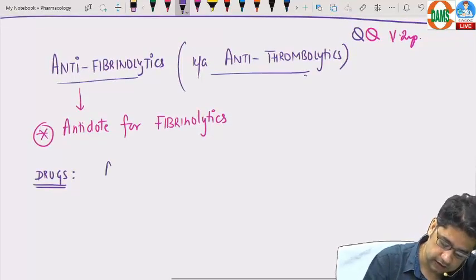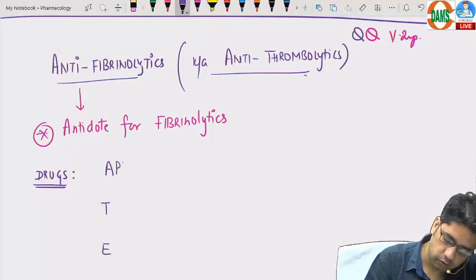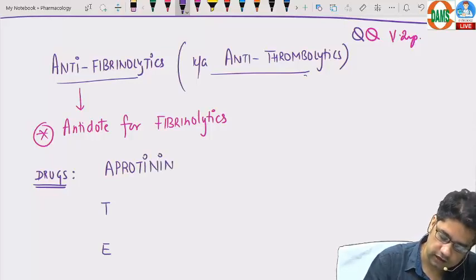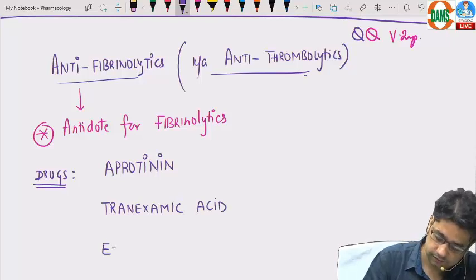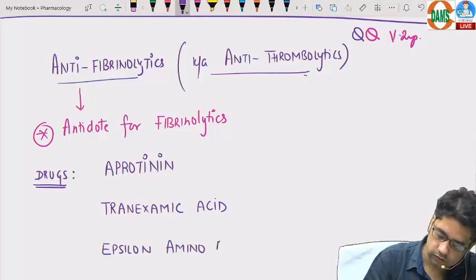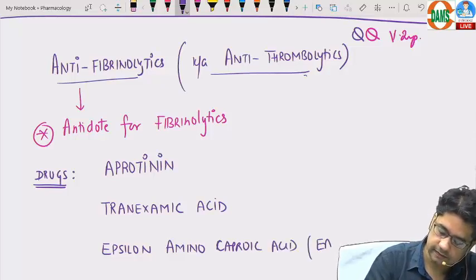Remember a mnemonic: A, T, E. एप्रोटेनिन नहीं याद रहेगा, एप्रोटेनिन चलेगा, बट लास्ट टू ड्रग्स यू कैन नॉट अफोर्ड टू मिस. दीज ड्रग्स आर आस्क्ड एवरी ईयर: ट्रेनक्सामिक एसिड, एप्सिलॉन अमाइनो कैप्रोइक एसिड. शॉर्ट फॉर्म इज EACA.